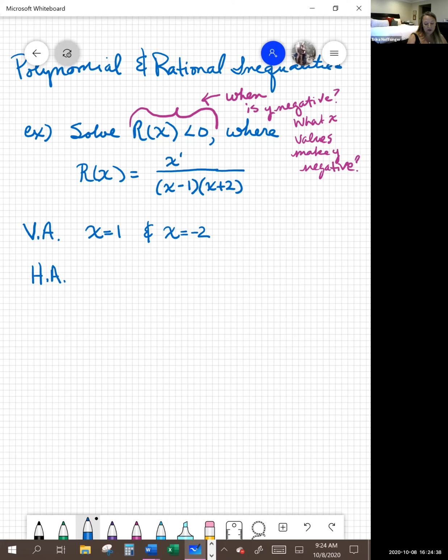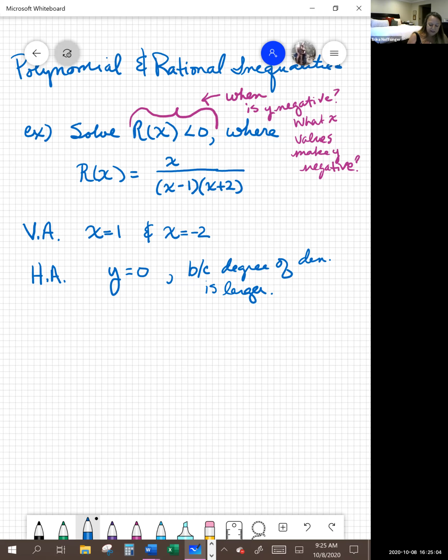It's larger, so I do have a horizontal asymptote, and it's the x-axis, so y equals 0. If it has a horizontal asymptote, it does not have a slant.